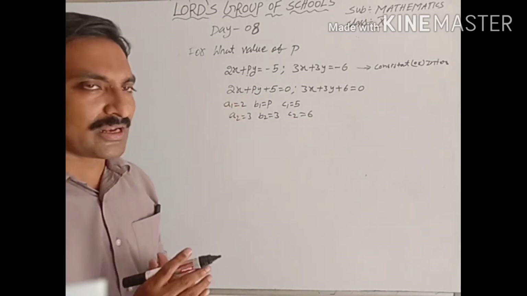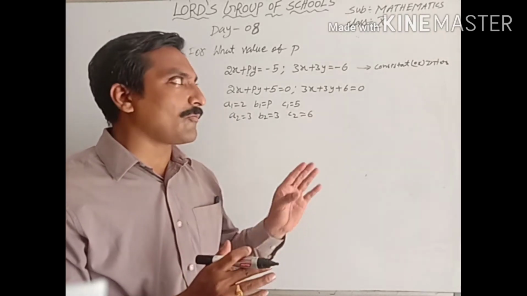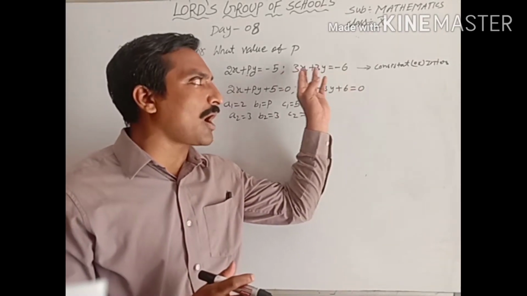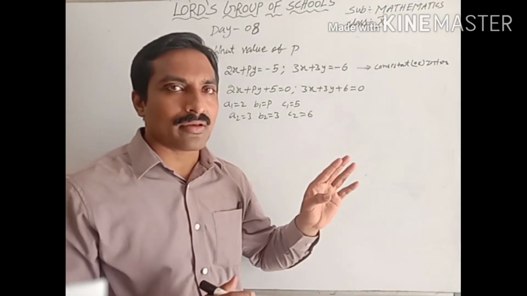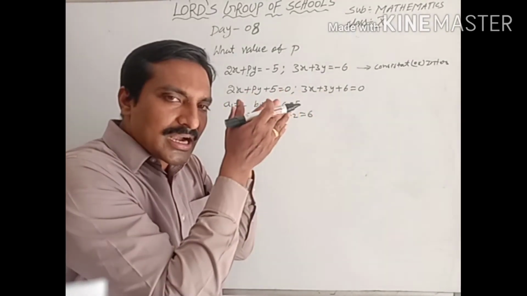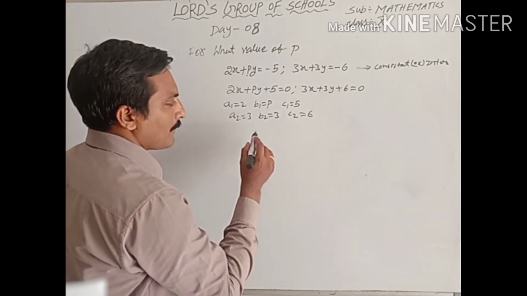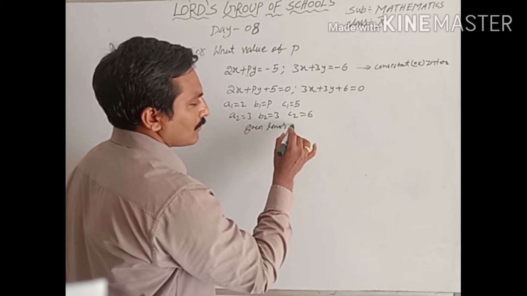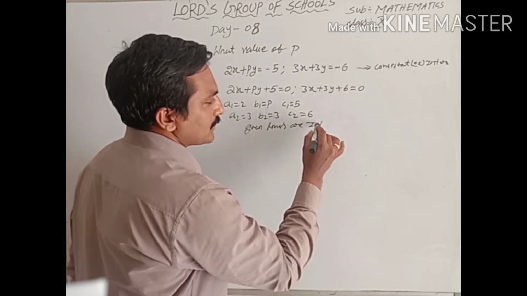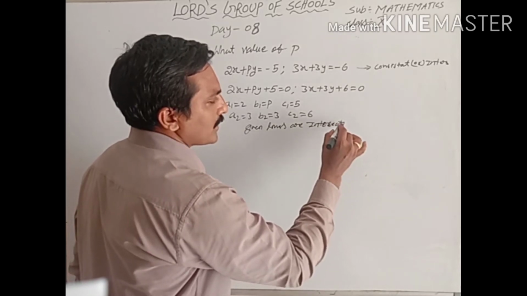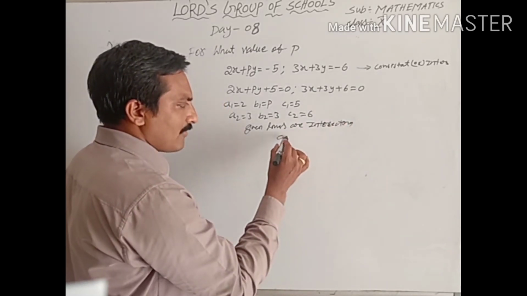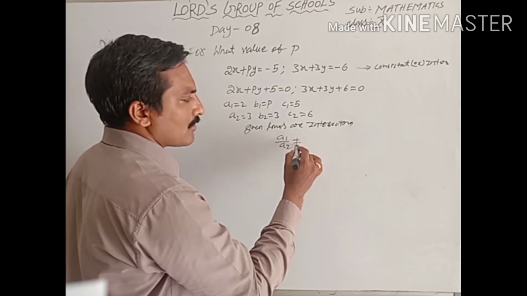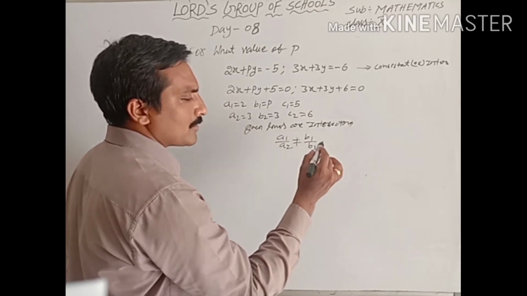After completing this, clearly mention what type of lines it is saying. These two are consistent lines, so you have to write the consistent lines condition first. Given lines are intersecting or consistent, whatever, meaning a1/a2 is not equal to b1/b2.